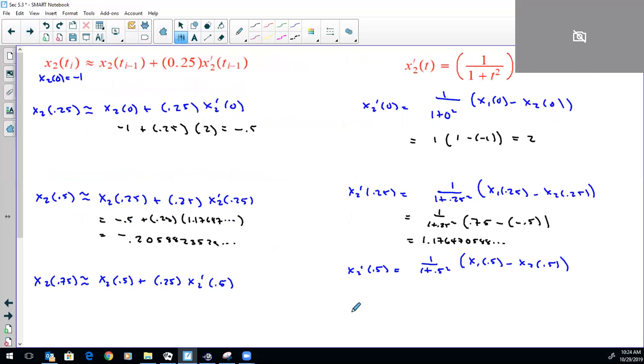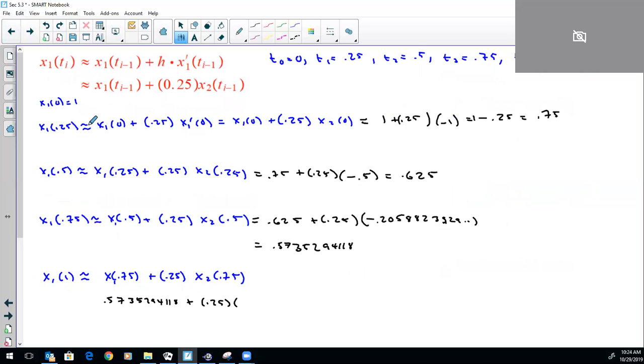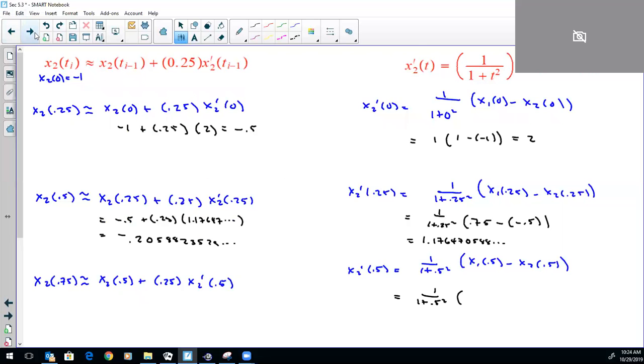Okay. And what we're going to have to do to figure that out is this. x1 of 0.5 is 0.625. x2 of 0.5 is this thing, 0.2058823529.